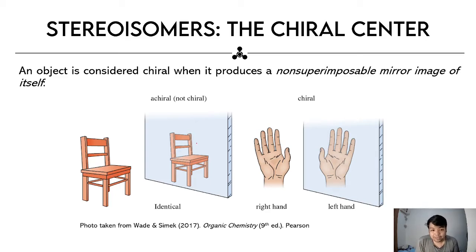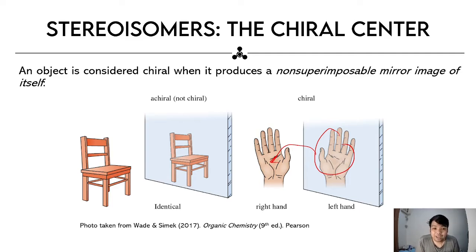Now, if you look at your right hand through a mirror, the mirror image that you will see is actually your left hand. And if you try to superimpose the left hand onto the right hand, not in this manner, if you can see in the camera, but rather in this manner here, you will see that there will be a mismatch of the fingers, okay?